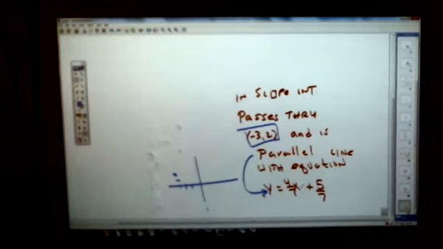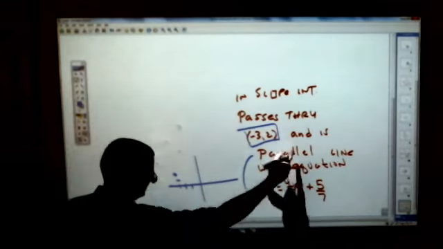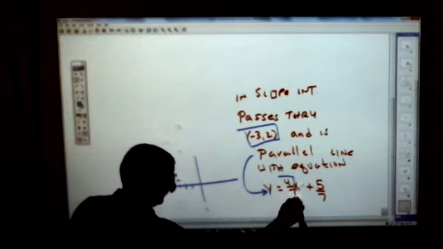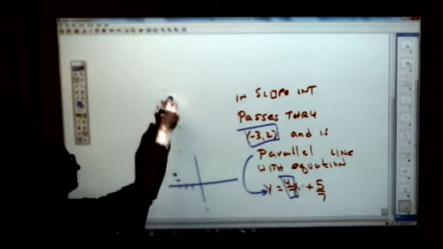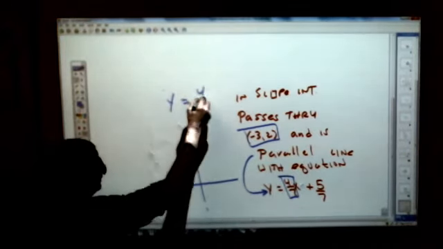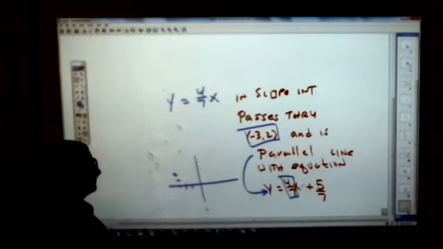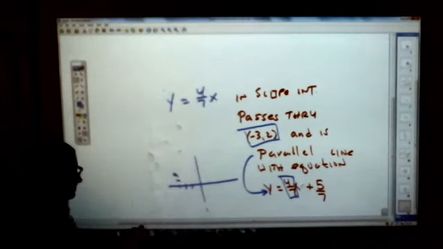So based on what you know, Aaron Murray, parallel lines have what? The same slope. So I know that the equation I'm going to use has to have the same slope as that line. So I know y equals 4/7 x, but it has to also cross through that point.